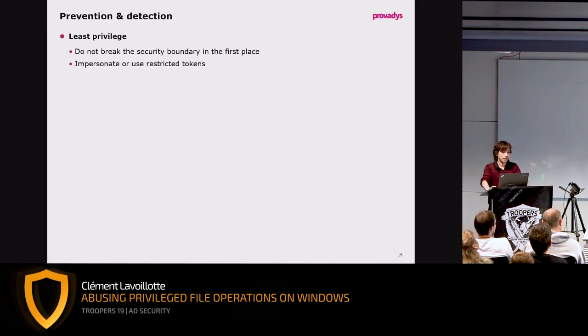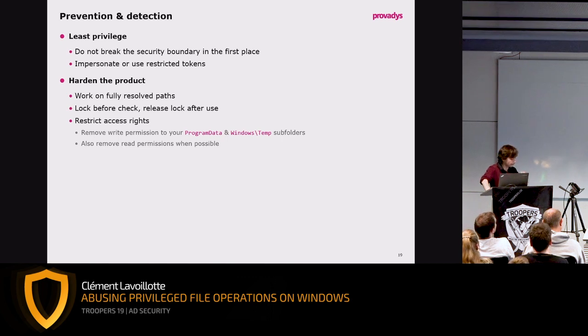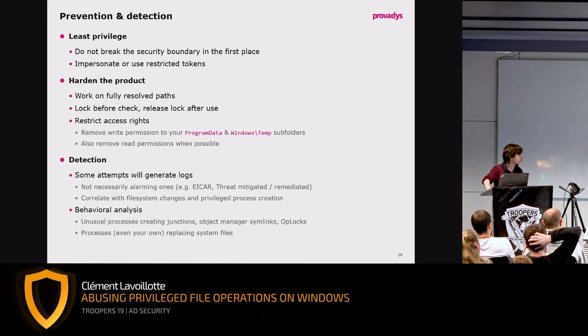And to prevent this kind of bug, obviously the privileged applications need to not break the security boundary in the first place. So either impersonate or use a restricted token, or do some architectural change so as not to access user-controlled files. And they also need to take into account this kind of attack when they harden the product.